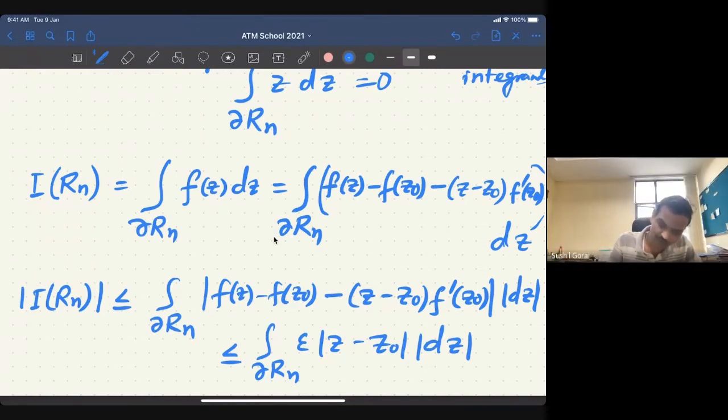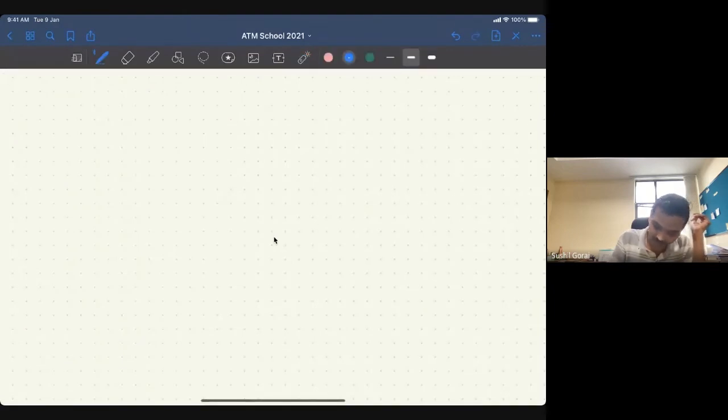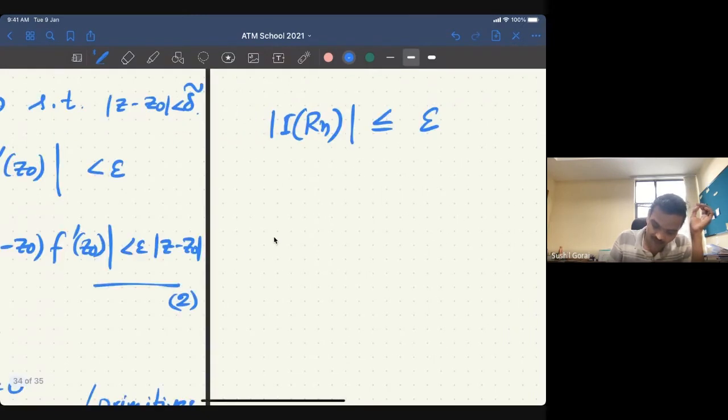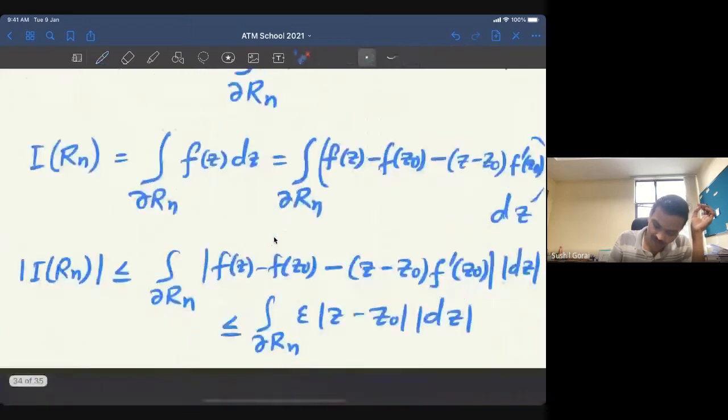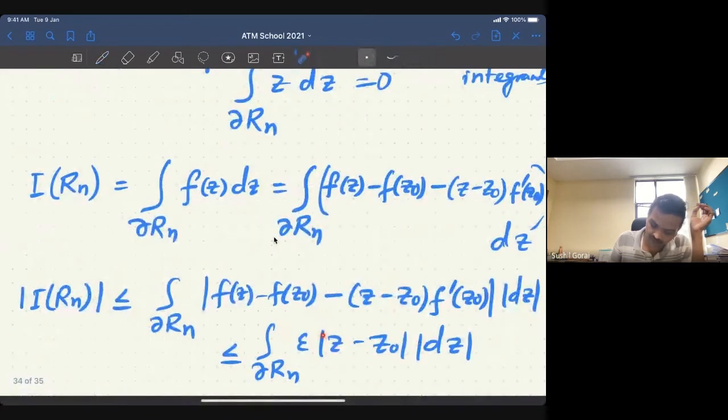Now what you need to know is what is this? So this is nothing but less or equal to the diameter of the rectangle Rn. So now we have |I_Rn| is less or equal to epsilon, and then |z minus z0|, this part is dominated by the diameter of Rn.